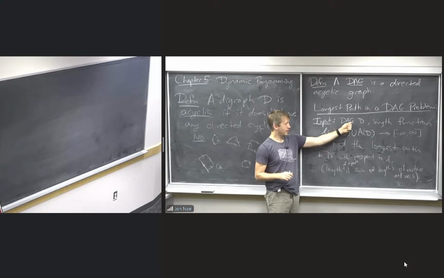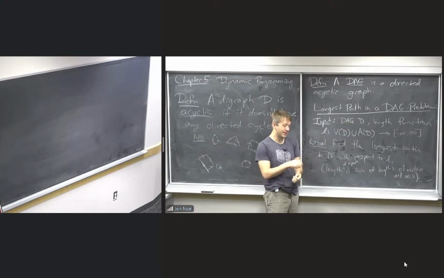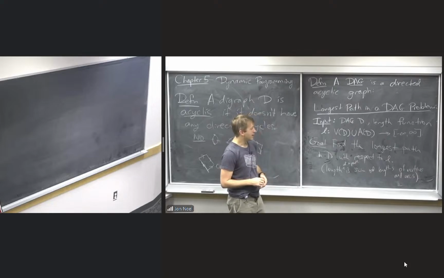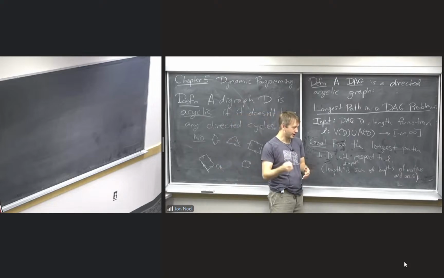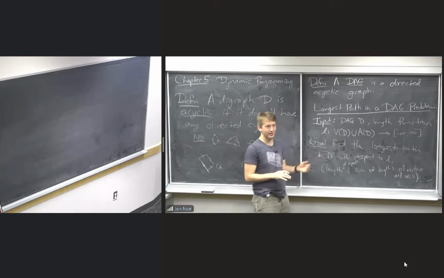If you have an acyclic digraph, it doesn't have any cycles at all, so it definitely doesn't have any negative ones. So it's conservative, and you could solve this with the Bellman-Ford algorithm, or using the linear program from the assignment. But what I want to show is that you can solve this much faster if you know that it's a directed acyclic graph.